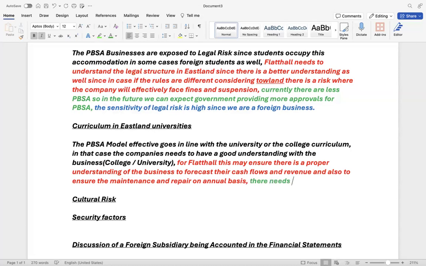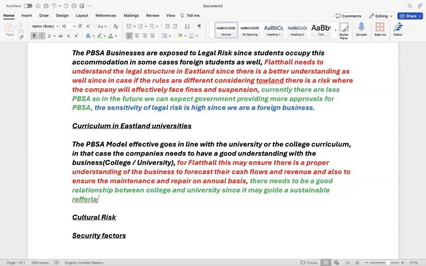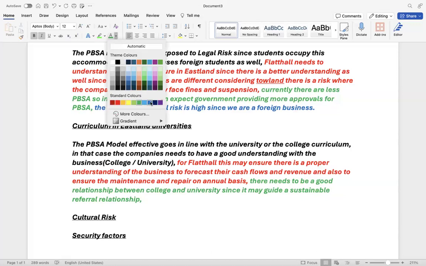There needs to be a good relationship between college and university, since it may guide a sustainable referral relationship.